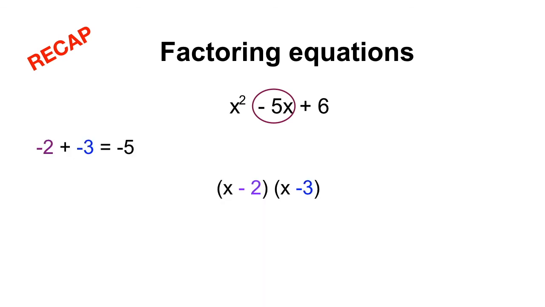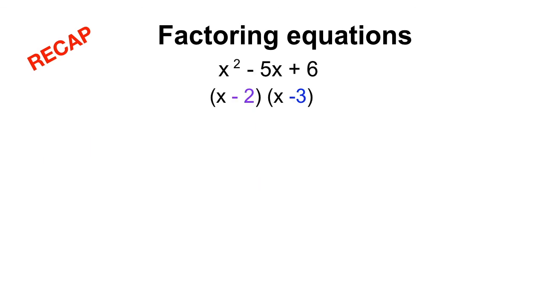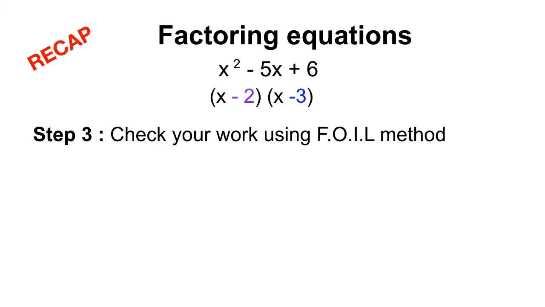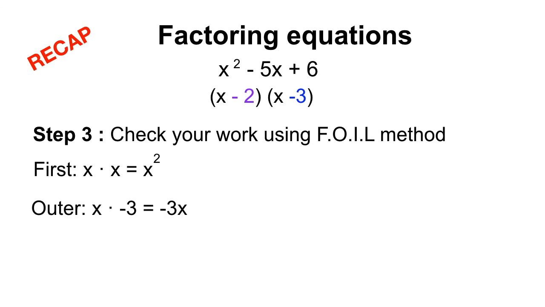So essentially, that's what your equation would look like. And then step 3 of factoring equations is to check your work using the FOIL method. Remember, FOIL stands for first, outer, inner, last. If you multiply the first terms, x times x is going to equal x squared. Then you go for the outer terms, so x multiplied by minus 3 is going to give you minus 3x.